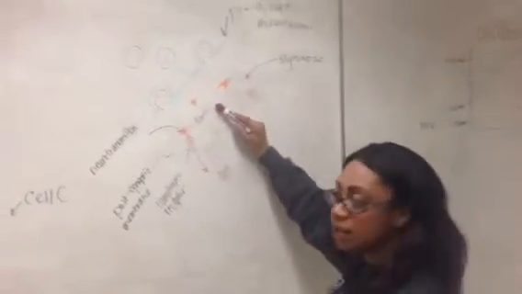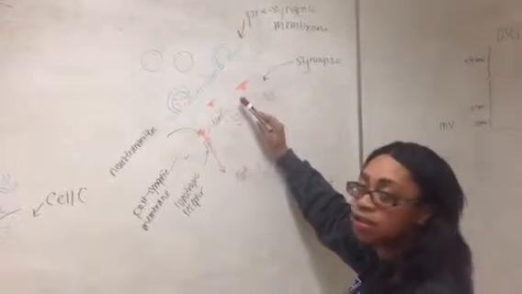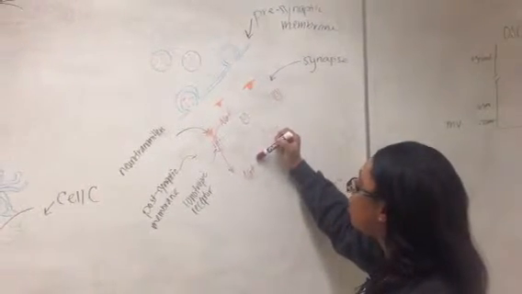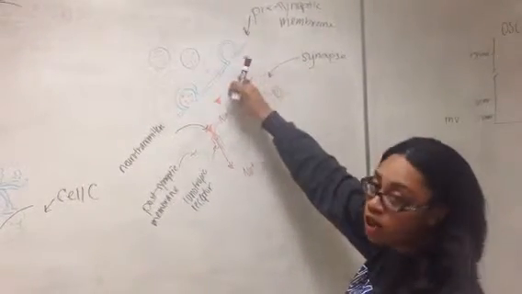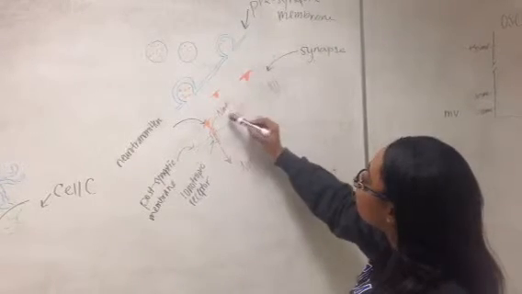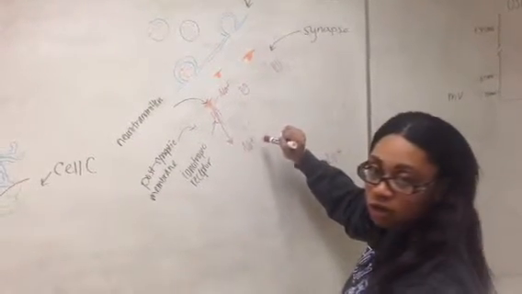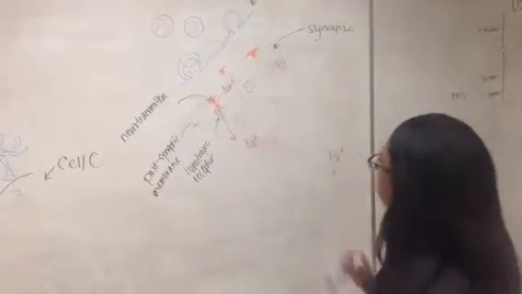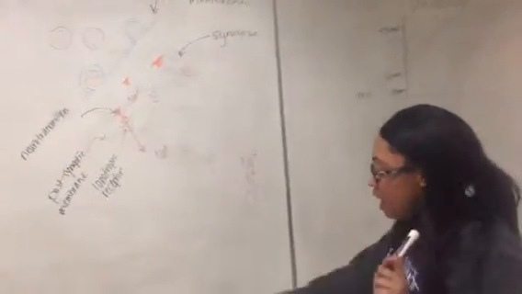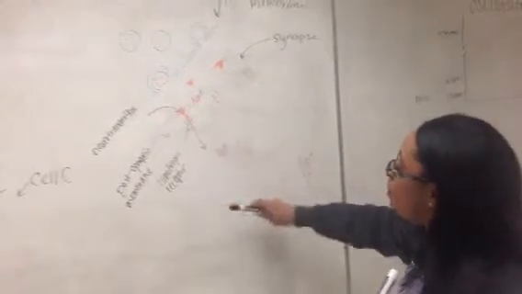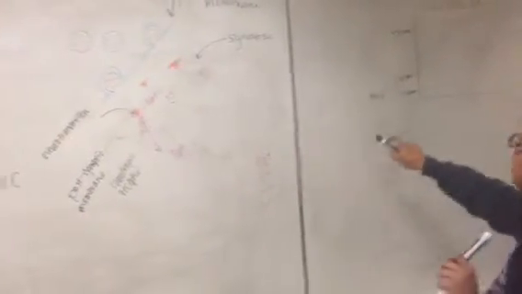sodium is highly concentrated on the outside of the cell and lowly concentrated on the inside. So there's a positive charge and a negative charge, and the negative charge attracts the positive charge, and it begins to flow inside the cell. There is an instrument that measures the flow of these ions into the cell, and it is called an oscilloscope.